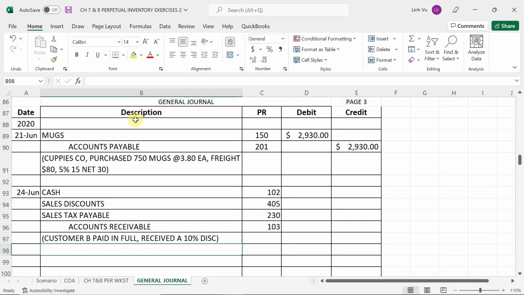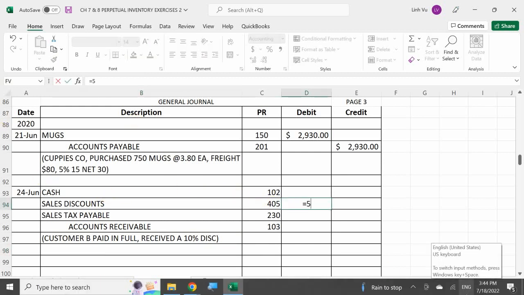Okay. So we know that the discount is going to be based off of the 500 units that we sold at $10 each. So what is my total discount? It's $500.